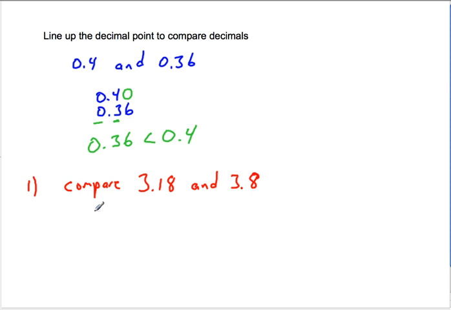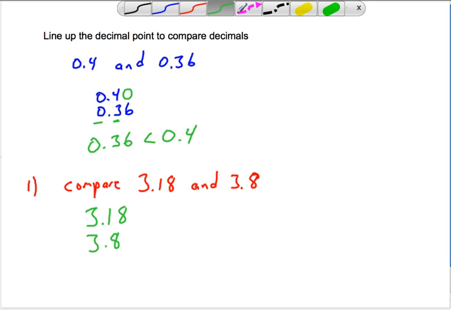So let's try it out on this one. We have 3.18 and 3.8. Pause it and see if you can do this on your own, and then resume and see if you get it right. So I've lined up the decimals. I'm going to put in a 0 because that's what we do when there's an empty spot. And so we're going to start here, 3 and 3.